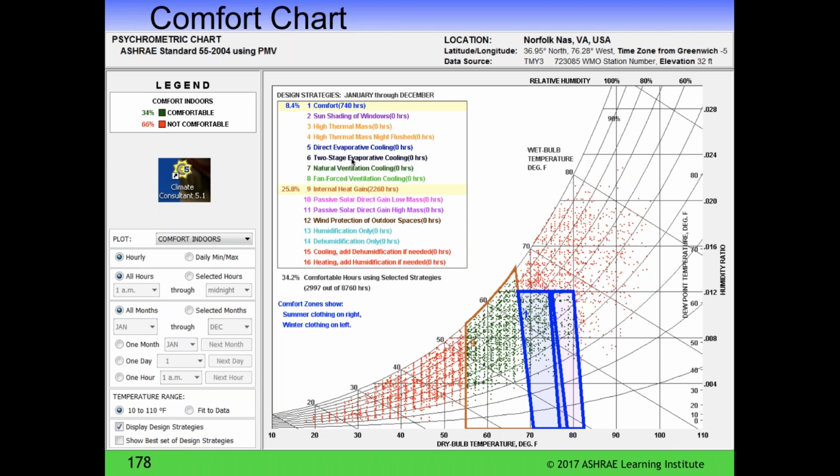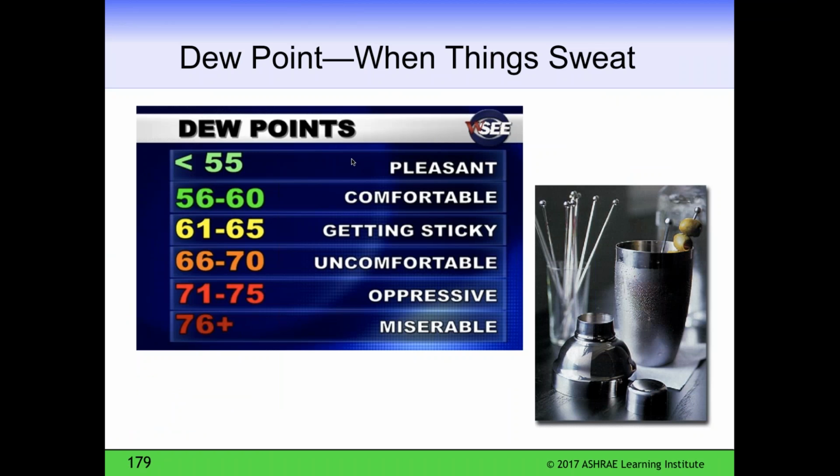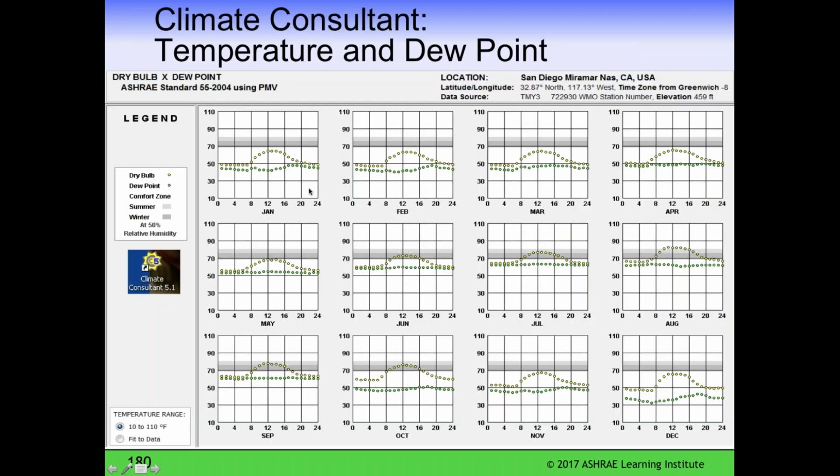So Mac and I use this as we present in different locations around the country, and we have a number of these charts. Dew point, when things sweat and get sticky, we pay a lot of attention when we're in climate zones that have dew points going above 60, above 66, and I think so we know when we have problems. So here's San Diego. We don't have problems with dew points. It's 60, 65 at highest, which are the green dots.